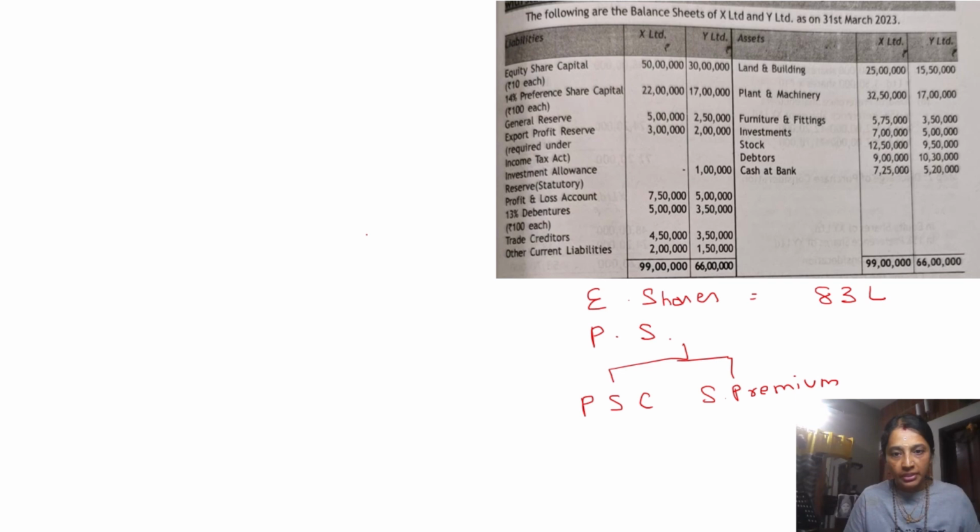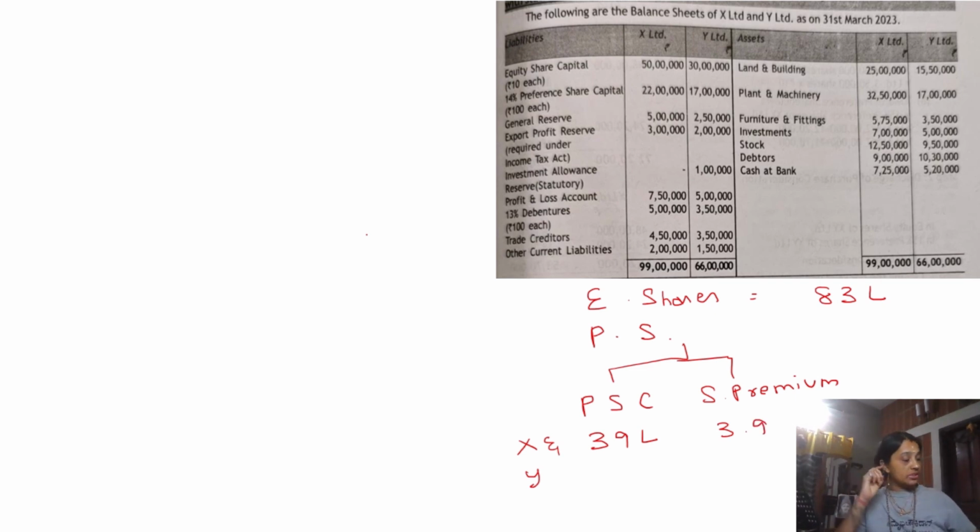Now, both X and Y Limited put together, preference share capital comes up to 39 lakhs and securities premium comes up to 3.9 lakhs.